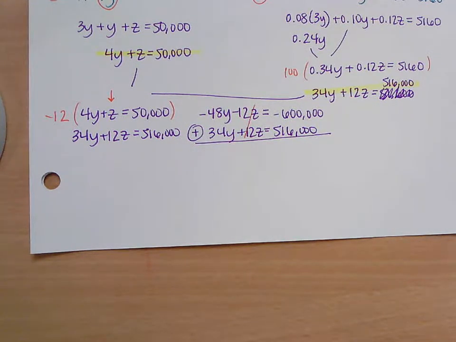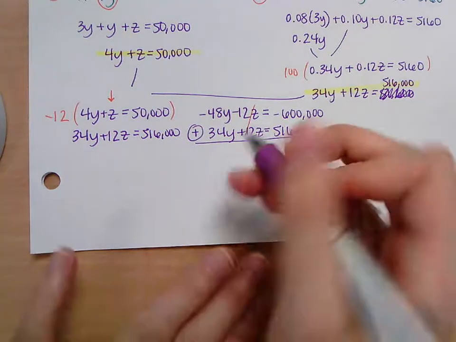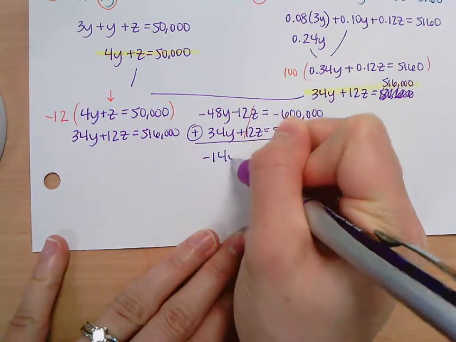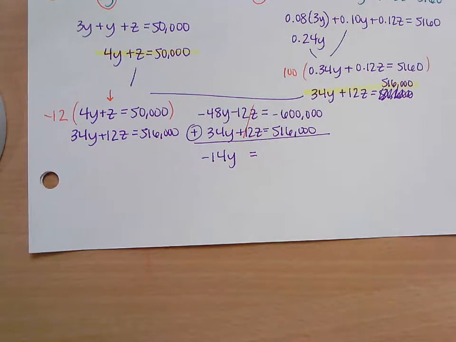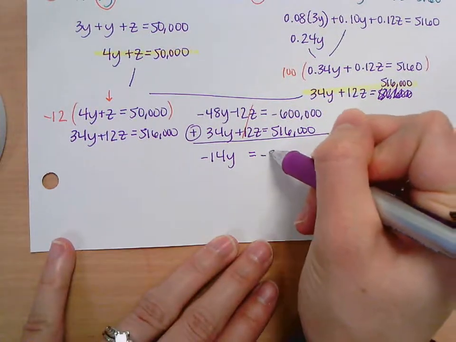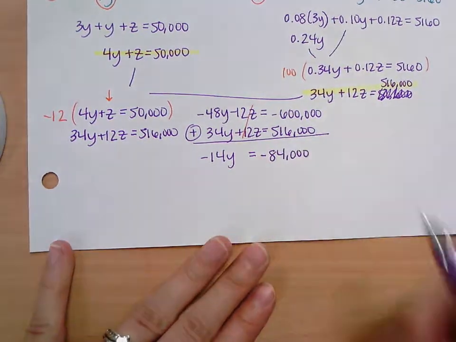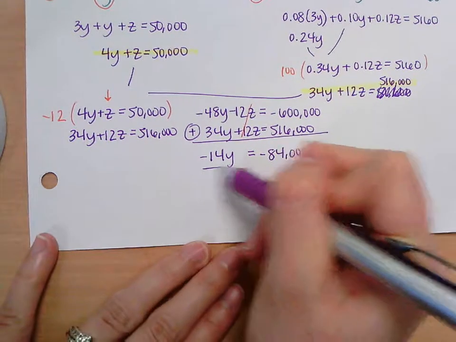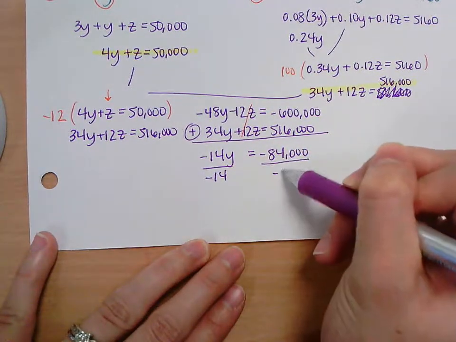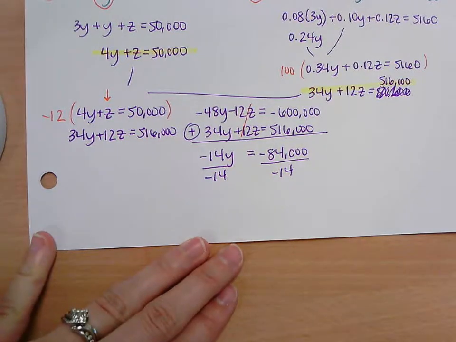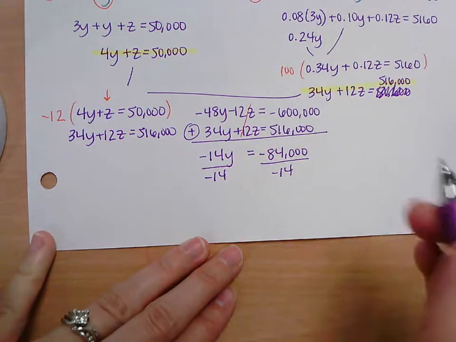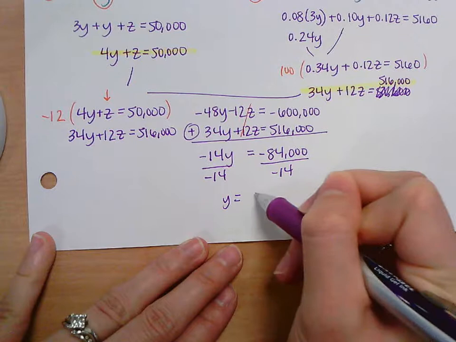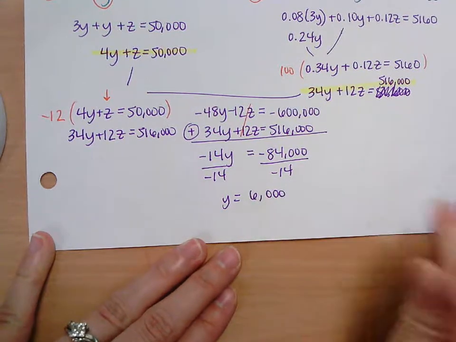And I'll have negative 14y equals negative 84,000. So then if I divide by the negative 14, because now I can solve for y, I get y is equal to 6,000.